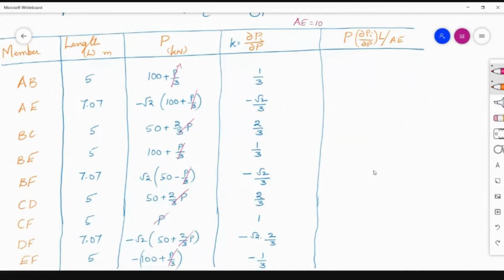AE is 10 power 5 kilonewtons. Load is in kilonewtons. Length is in meters. So the entire P k L by AE units are in meters. And I am just writing down the answers of this. Just check whether you got the same answers or not.